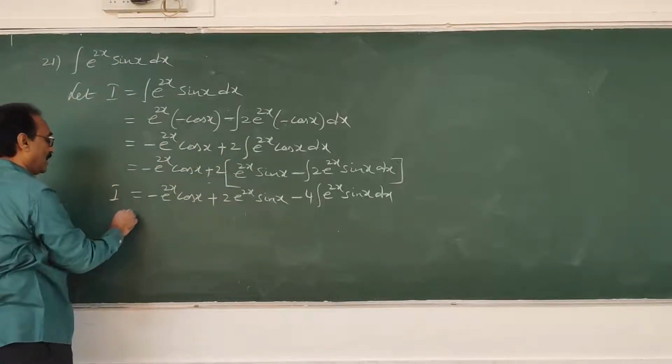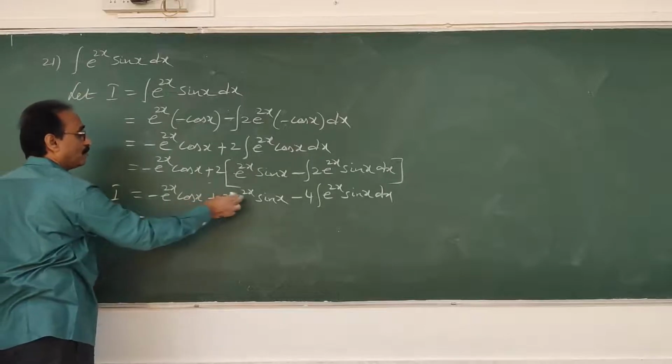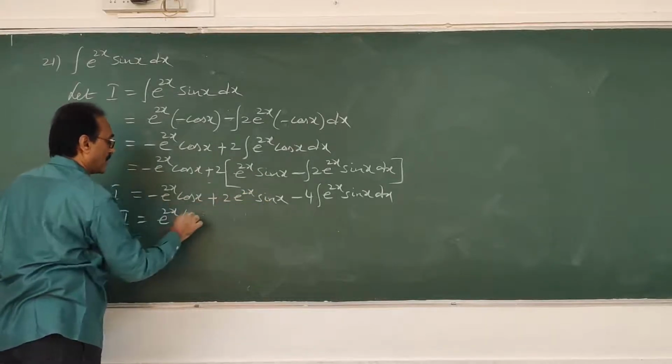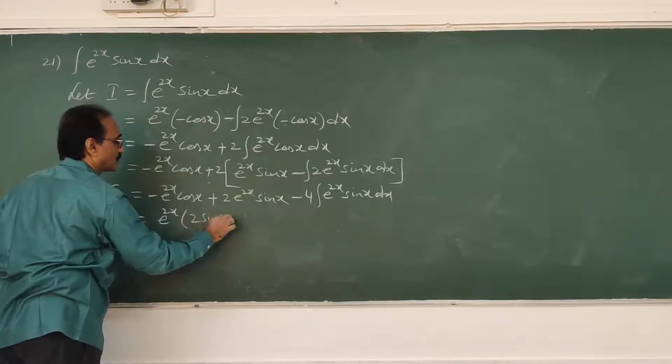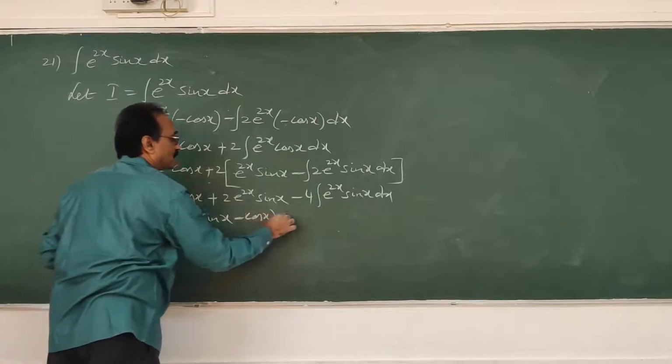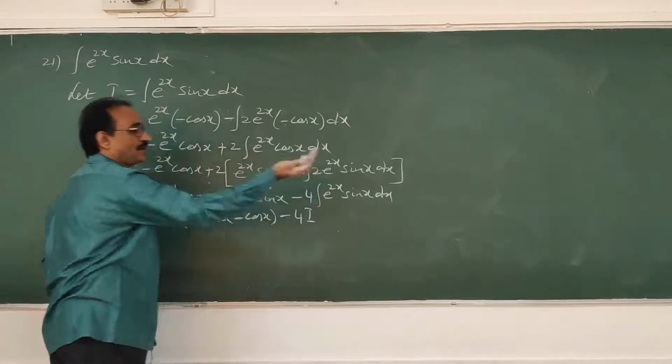You write I. I is equal to, here e power 2x you take common. Then how much are you getting? First positive 2 sin x, next minus cos x, next minus 4 into I. Again you need not do it.